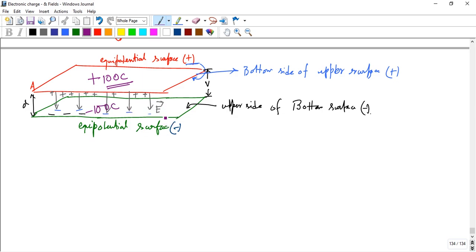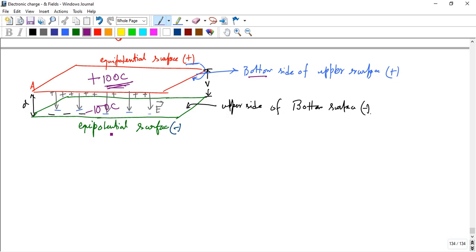See carefully that their magnitudes are the same, but they are of opposite polarity.